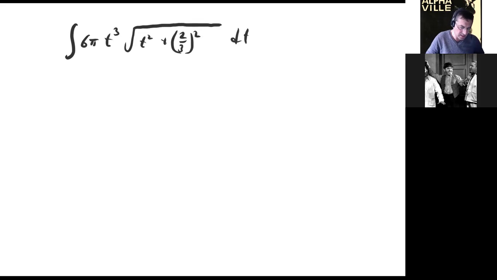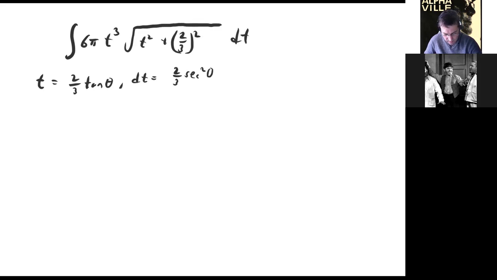And I'm going to calculate the indefinite integral. It'll be easier for me to do it that way, and then I'll go back. Okay, so the first thing I want to do is the trig substitution. t equals 2/3 tangent theta would be the correct substitution. So dt would be 2/3 secant squared theta d theta.